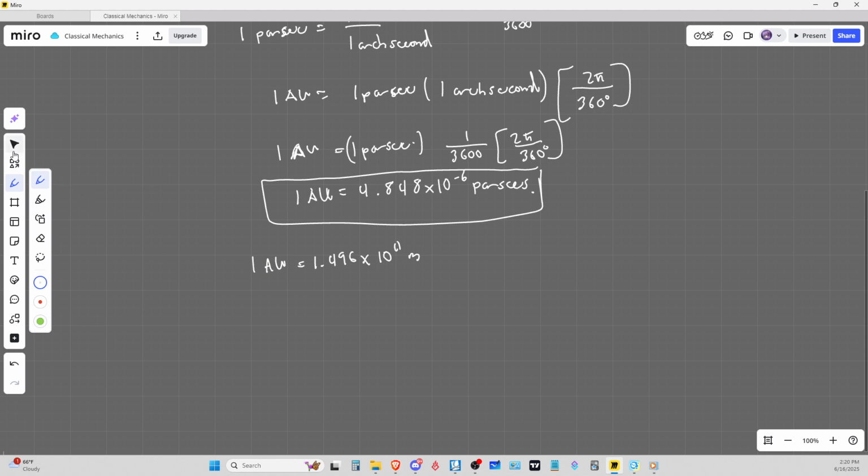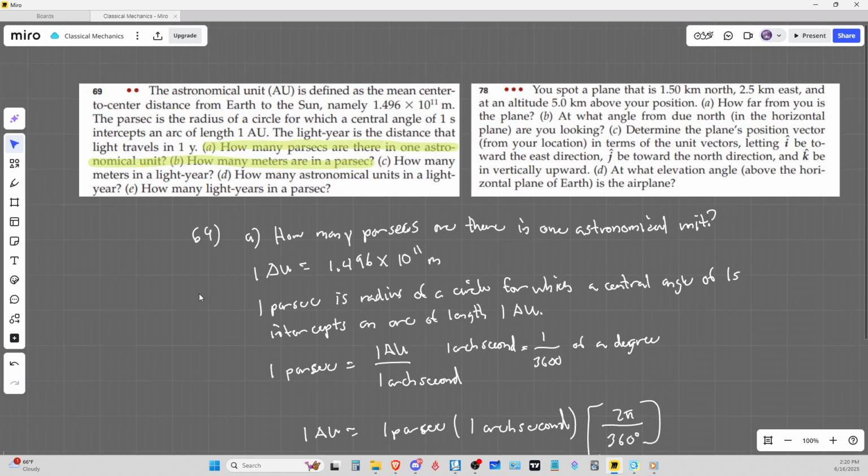So let's double check what the question is asking. How many meters are in a parsec?